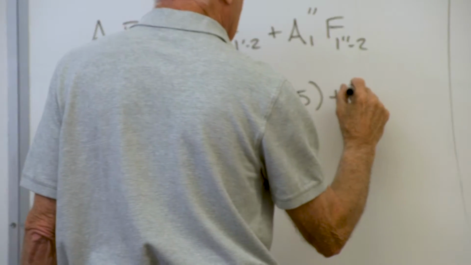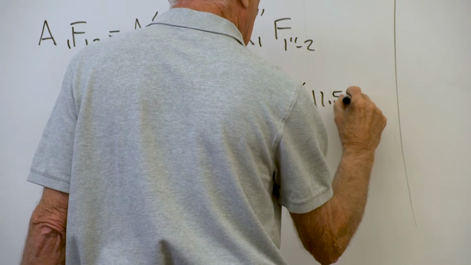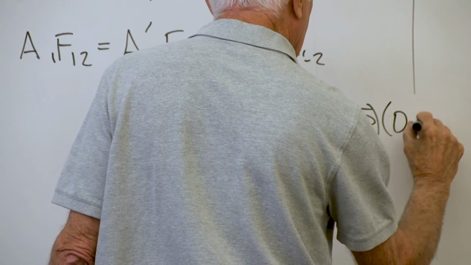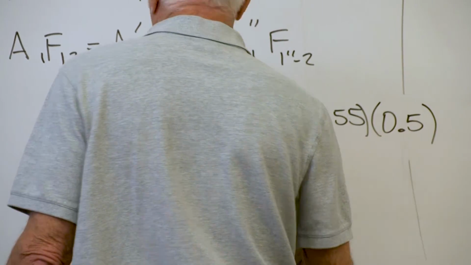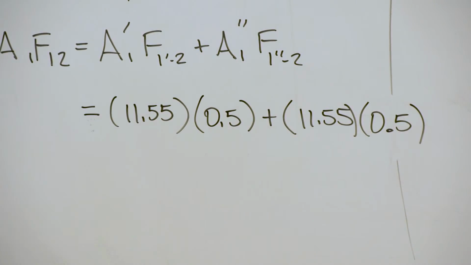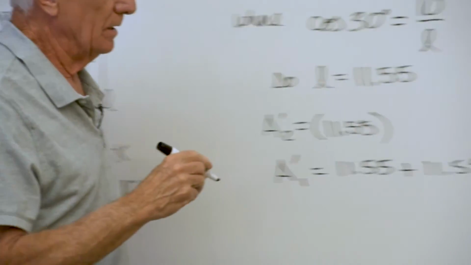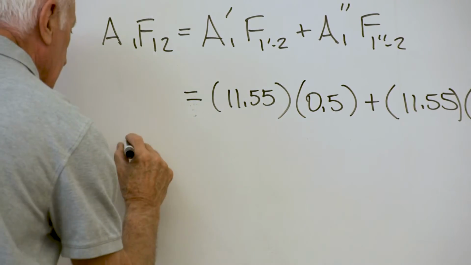Okay, 50% plus the right-hand side. The view factor from the right-hand side to the top hypothetical surface is 50%. Solve F12.